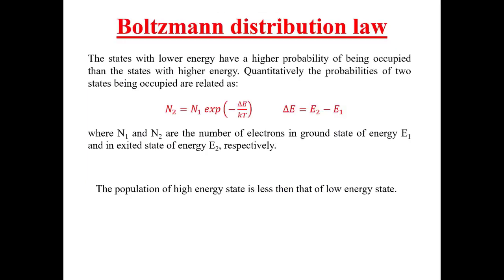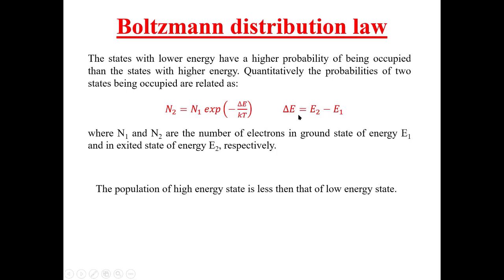Now, to understand stimulated emission, it is necessary to know the population of various energy states of an atom. The population of energy states is given by the Boltzmann distribution law, which quantitatively relates the probabilities of two states being occupied as N2 equals N1 exponential minus delta E by kT.